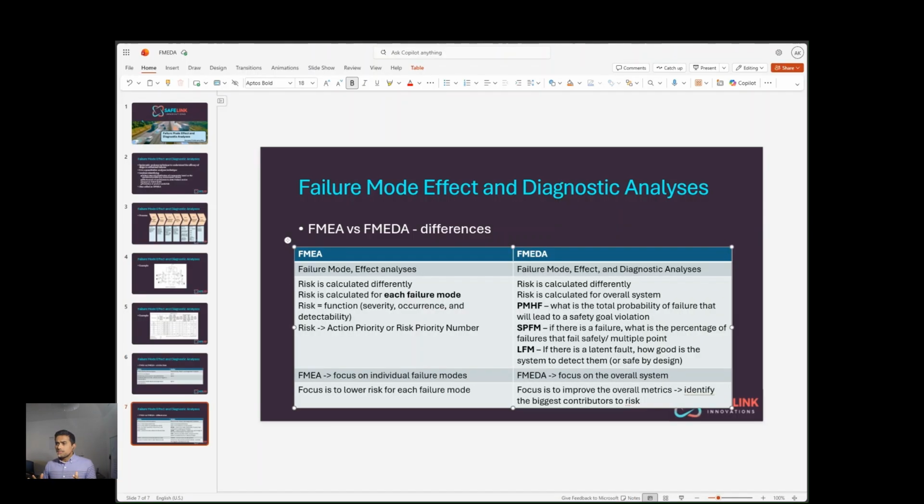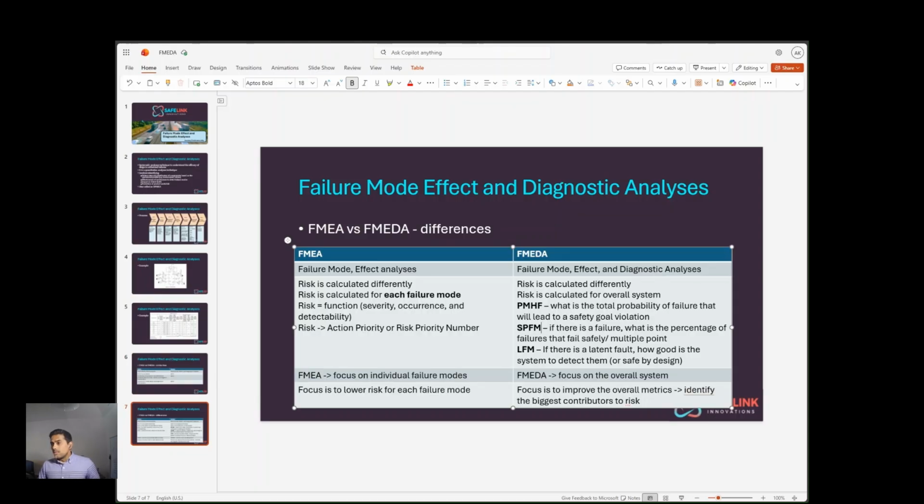What this means is if I have 100 failures in a system and 99% of the failures either fail safe or as a multiple point fault, then I have an SPFM of 99%. What this means is 99 of the times I don't have to worry. It's just that one time that may cause a problem. So that is the idea behind SPFM. So it tells you if there is a failure, what is the percentage that fails safely or as a multiple point fault. And a high value of SPFM is good.